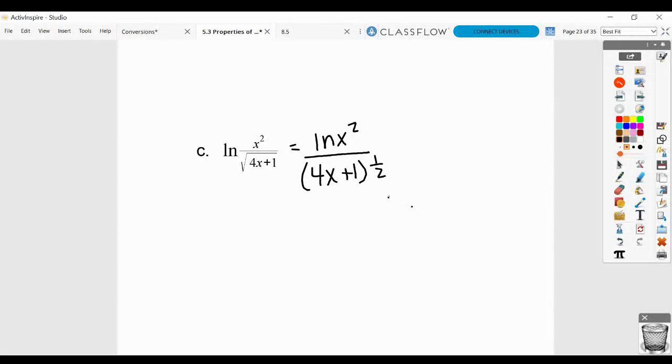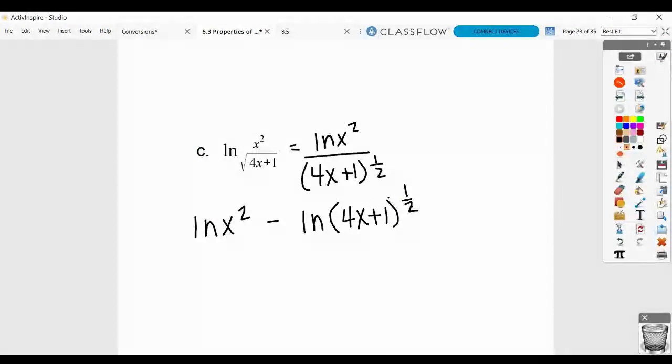And we are dividing. So we need to do the ln of x squared minus the ln of 4x plus 1 to the 1/2.